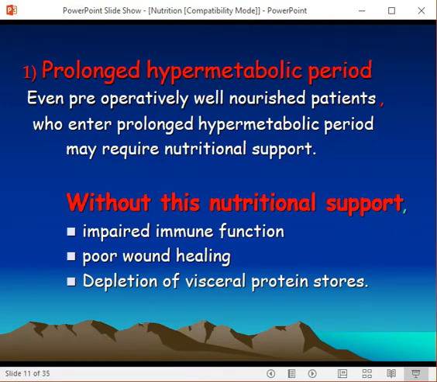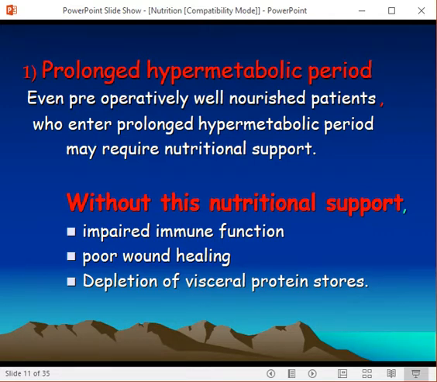For example, if you are operating and there is a fistula formation, you are to keep the patient NPO for a long time. The patient becomes nutritionally weak and is in a hypermetabolic state. This is an indication for nutritional support.